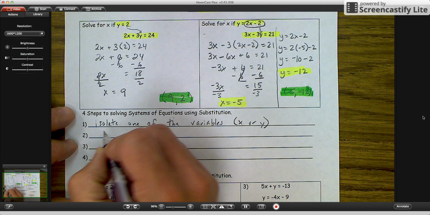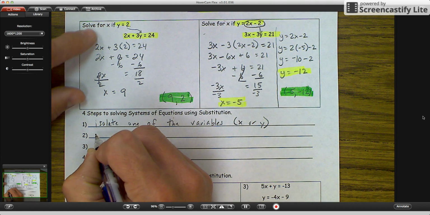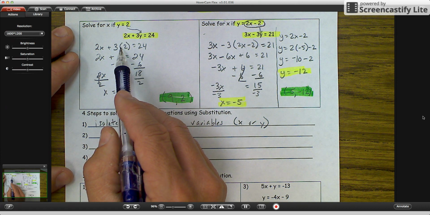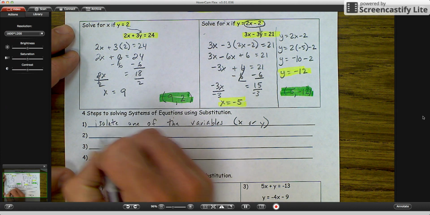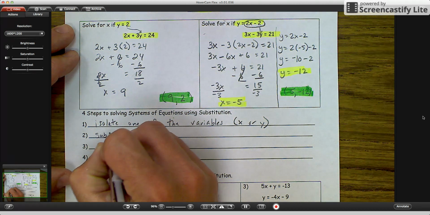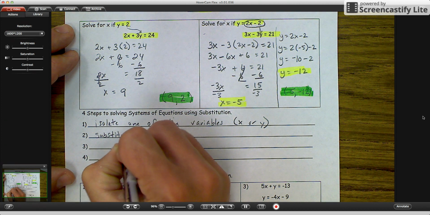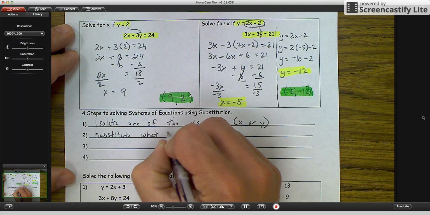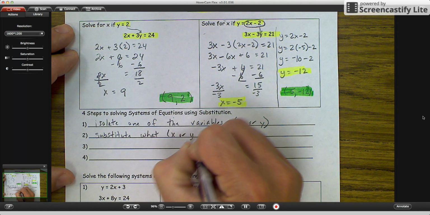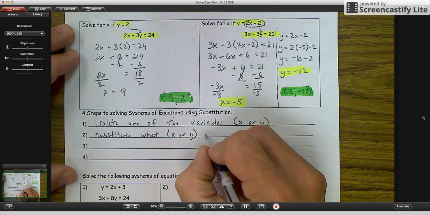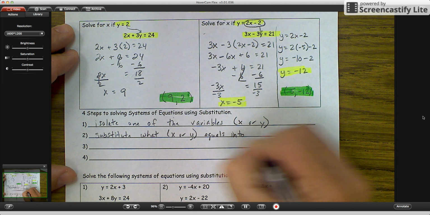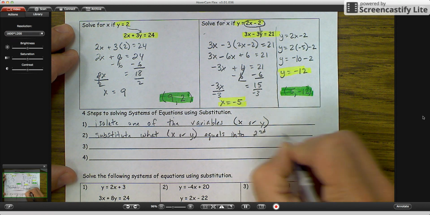Okay? The second thing that we did was we substituted the value of y in that second equation. So we're going to substitute what my x or y equals into the second equation.